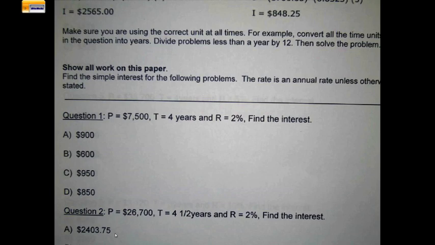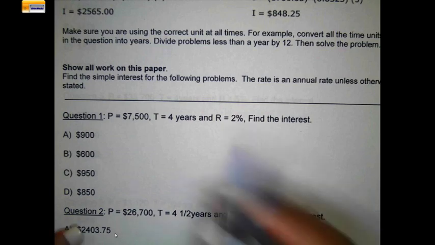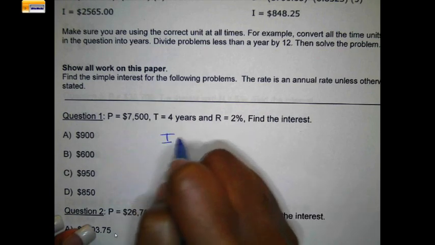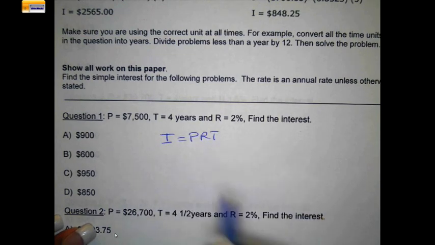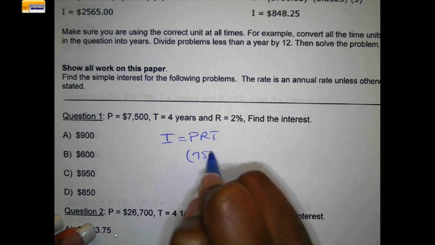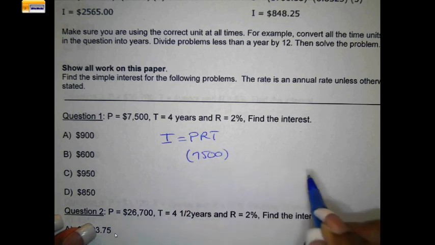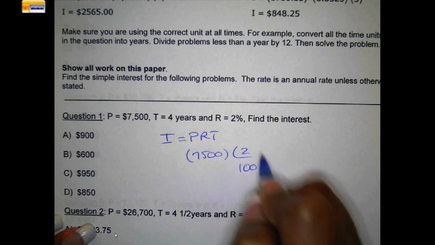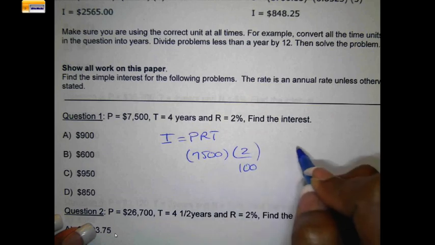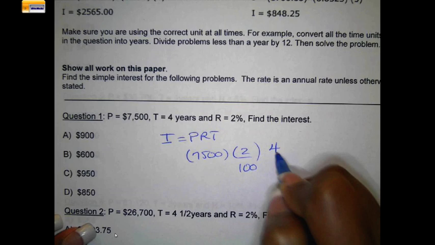Okay, so question 1 says, we know that the interest is I equals PRT. The principal is $7,500. The rate is 2%, and I'm going to write mine as a fraction. You can write yours as a decimal if you like. And we have 4 years.